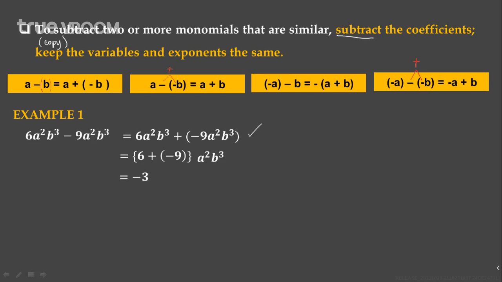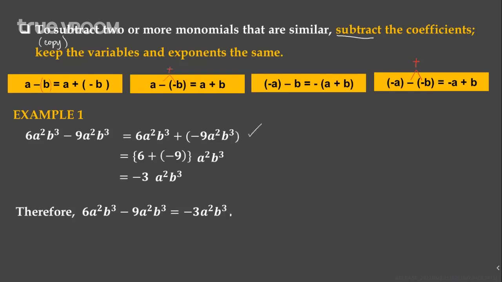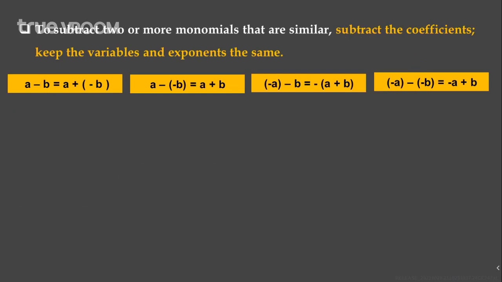And then we are going to copy the variables and exponent. So this will be your answer: negative 3a squared b cubed. Do not forget the period. Therefore, 6a squared b cubed minus 9a squared b cubed is equal to negative 3a squared b cubed.